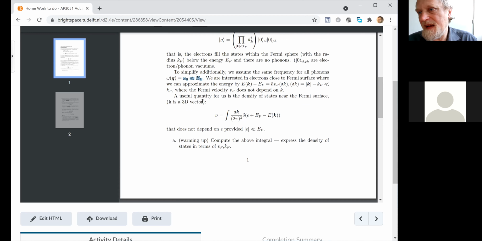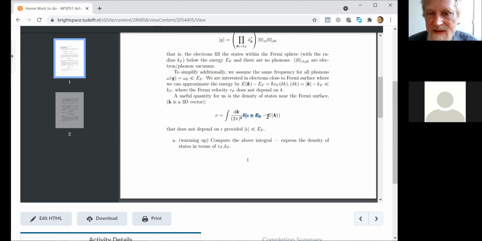Good. Then we define a convenient letter, which we use further on. It is the density of states near the Fermi surface. Let us see how we define it. This epsilon is the energy difference from the Fermi surface. To define density of states in general, we just count how many states there are in an interval in energy space.